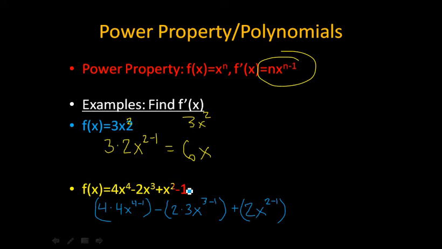And then what this really is, is just x to the 0, because x to the 0 is 1, and so the derivative of just a number such as 1 is just 0, so we don't put anything there.